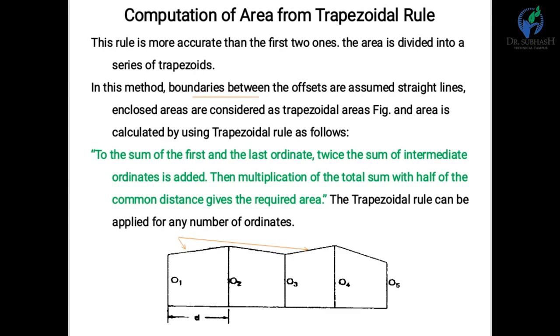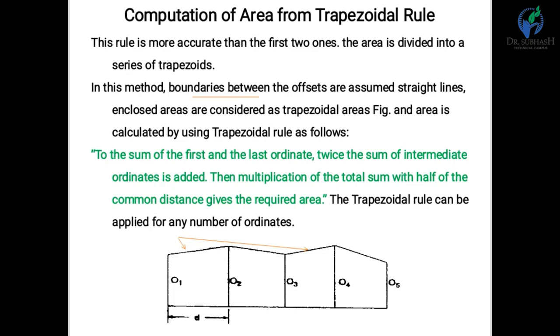The next rule is the trapezoidal rule. This rule is more accurate than the first one. In this rule, we divide the boundary areas into a series of trapezoids. In this method, boundaries between the offsets are assumed to be straight lines and the enclosed areas are considered as trapezoidal areas.